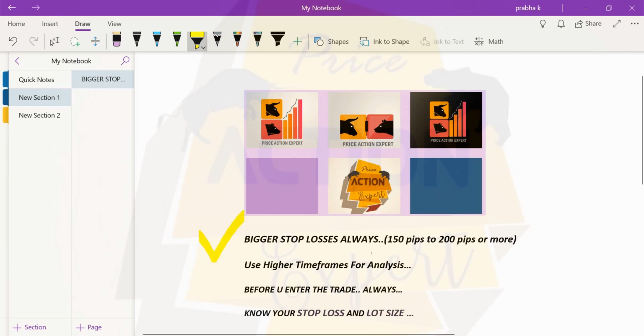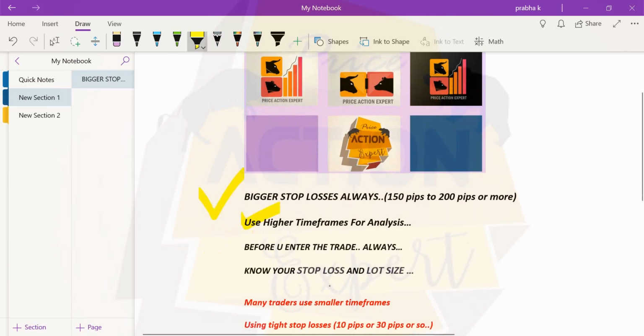Use stop losses always 100 pips or 150 pips or 200 pips or more. Use higher time frame for analysis. Before you enter the trade, always know your stop loss and lot size. Now I will show you how to calculate this.